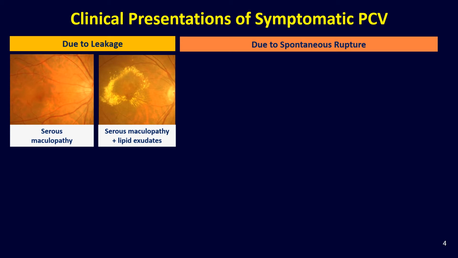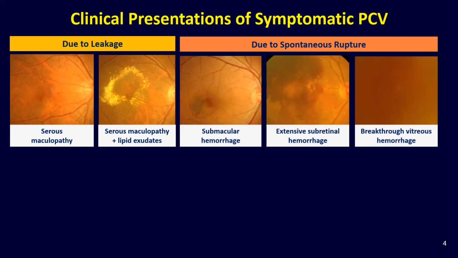This presentation was due to leakage of the lesion. And sometimes spontaneous rupture of the lesion happens, so the patient presents with minimal submacular hemorrhage or extensive subretinal hemorrhage, and sometimes breakthrough vitreous hemorrhage.